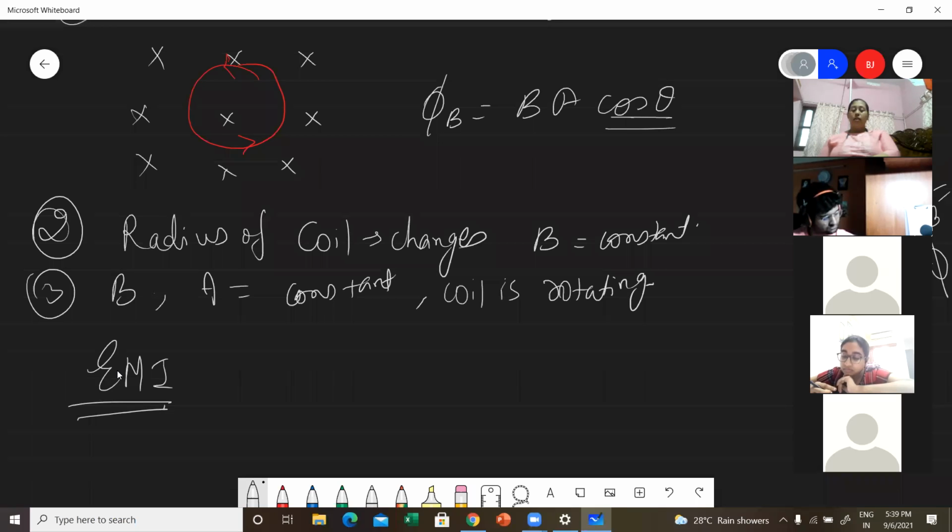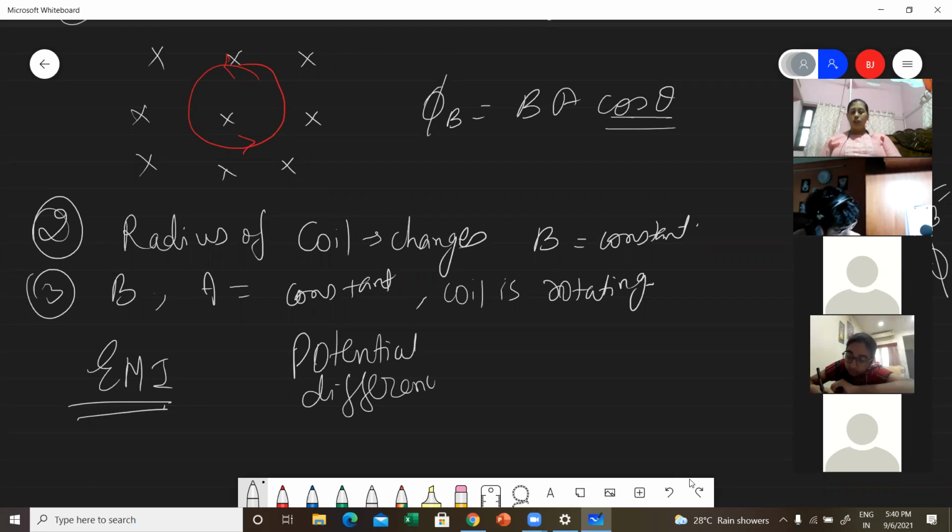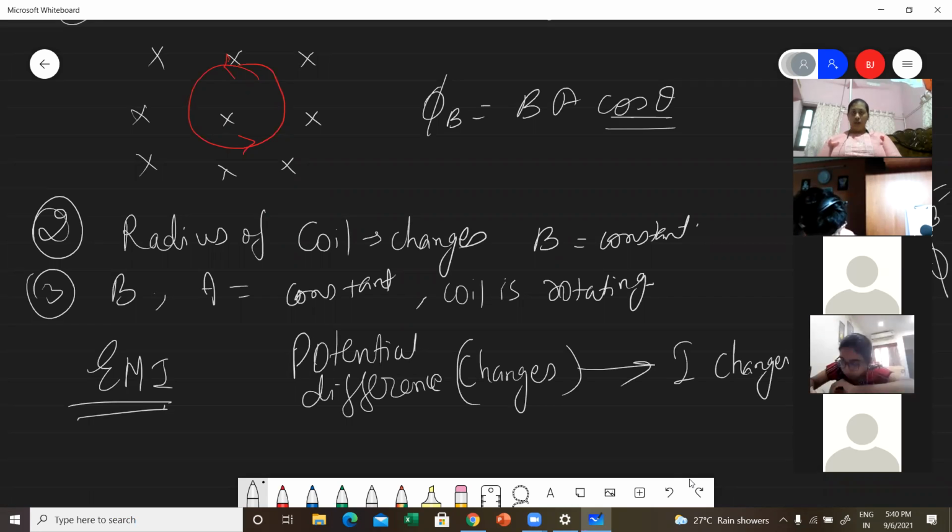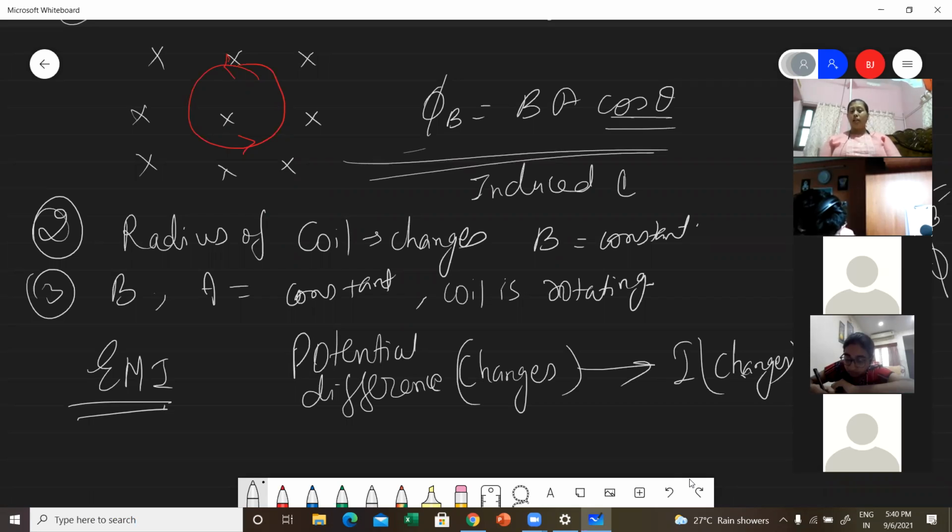Nothing else. Understood or not? If the potential difference changes, then my current is also changing. Now, here we are talking about induced current. This is not direct current.